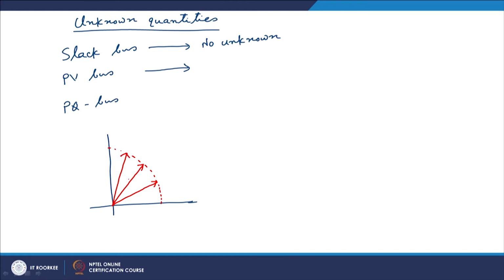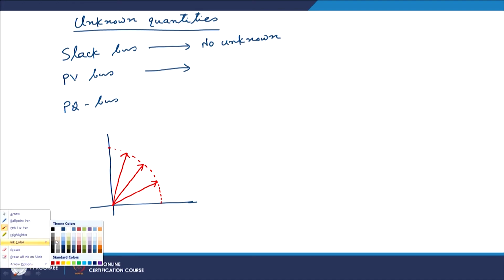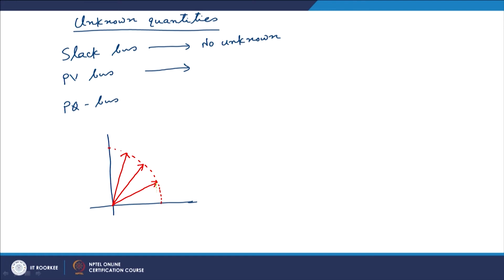Each of these bus voltages is maintained at 1 per unit, but for this vector our real part is this and the imaginary part is this.